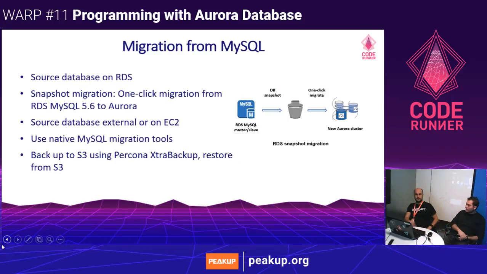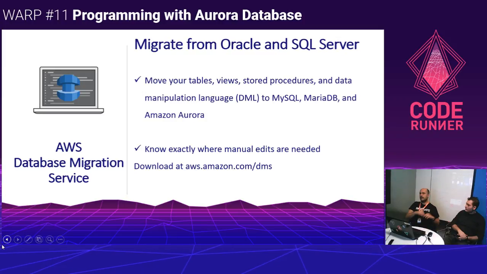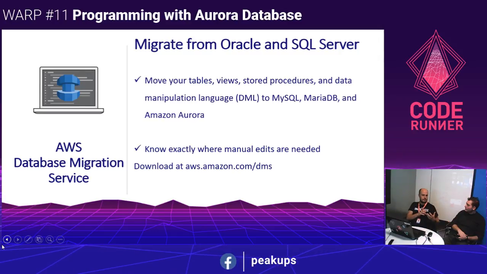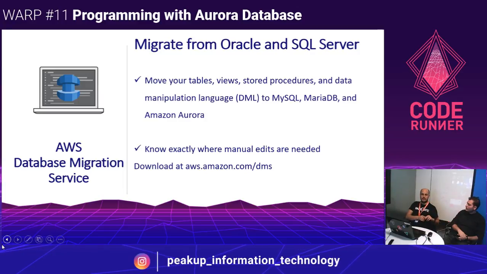Also, especially with Oracle and SQL Server, database data types, data structures, or objects like stored procedures and triggers are different from Aurora's data structures, and there is a migration path.